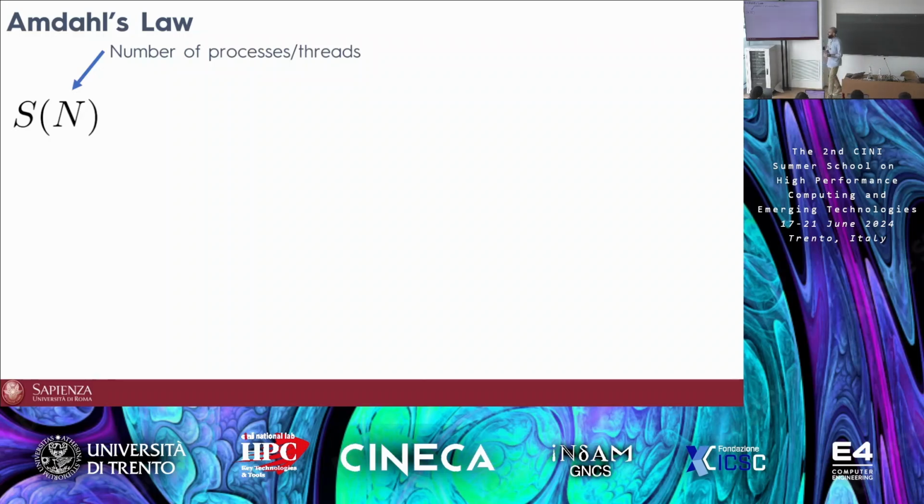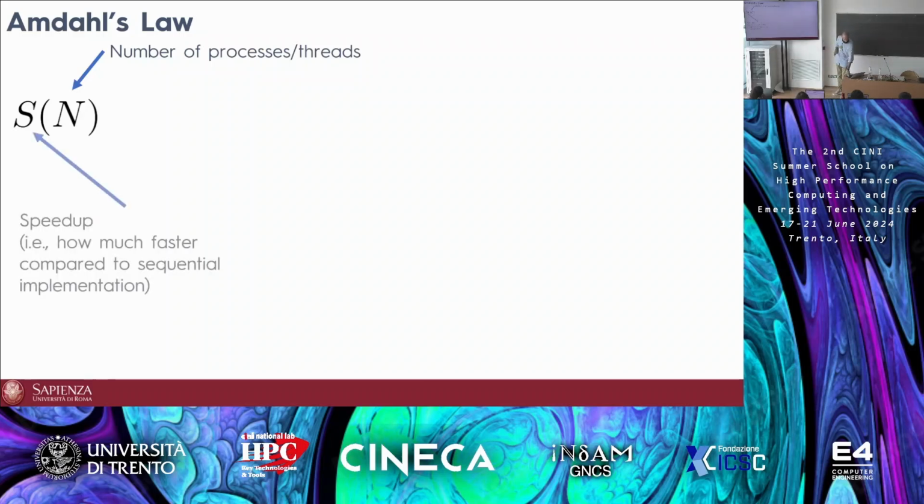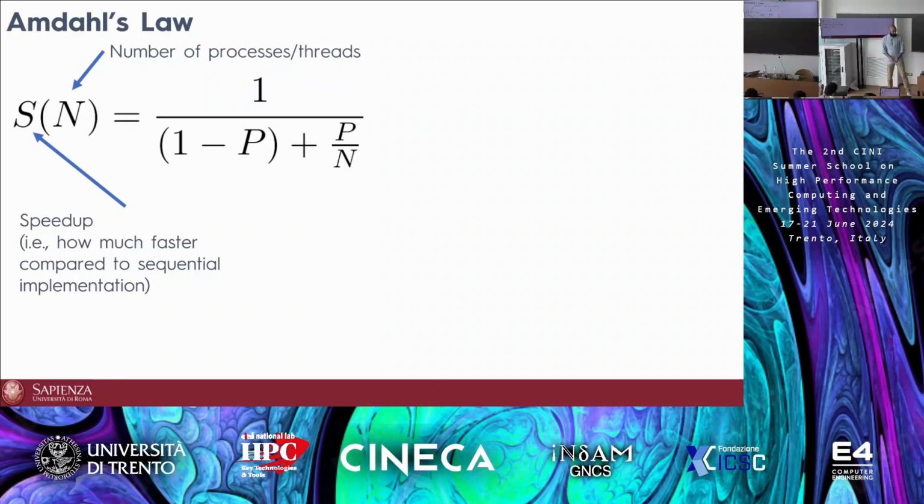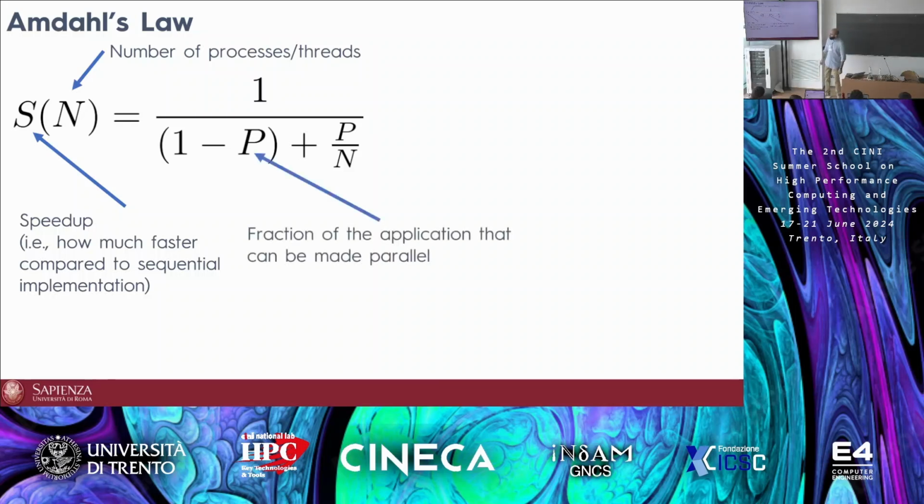Why? This is estimated with this small formula. So what does this formula say? This P here is the fraction of the application that can be made parallel. You start from sequential code and you try to parallelize it, to have different nodes executing different parts of it. But usually you cannot parallelize 100% of your code.